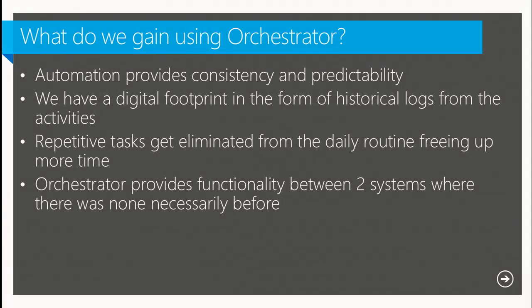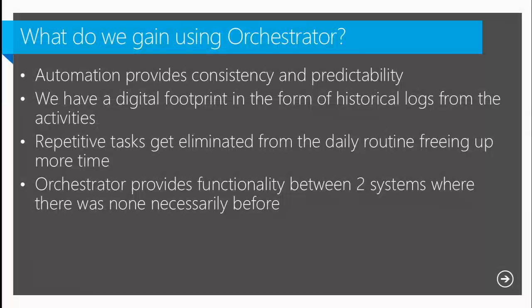Well, we gain consistency and we gain predictability. If you're adding and removing users in your big company, you're doing that 100,000 times a month. These standard and non-standard tasks, a way to make them compliant with your business process is to feed them through a runbook. And it allows you to ensure consistency and predictability in that process.